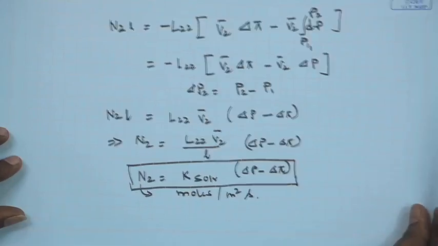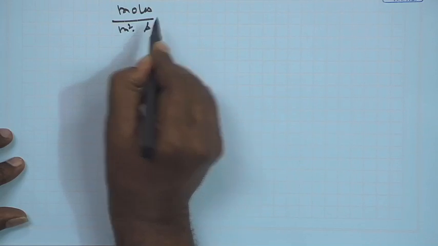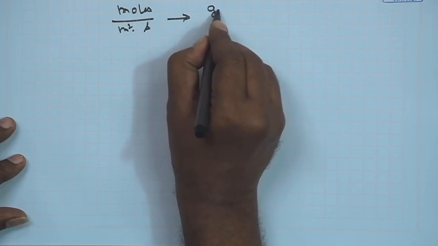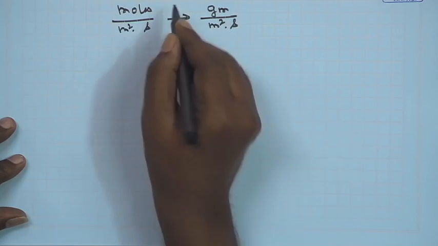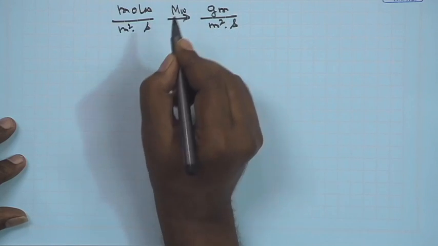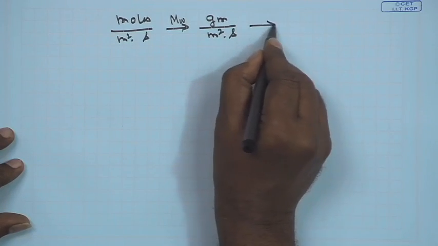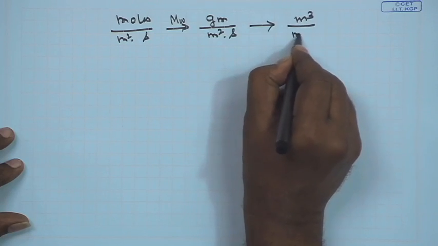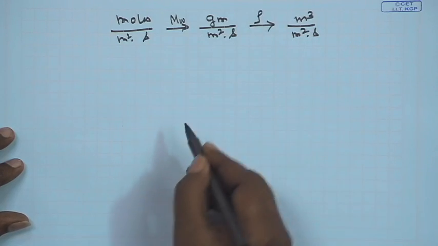So, moles per meter square per unit time can be converted into grams per meter square per unit time by using a factor of molecular weight, and then into meter cube per meter square second by using a factor of density.